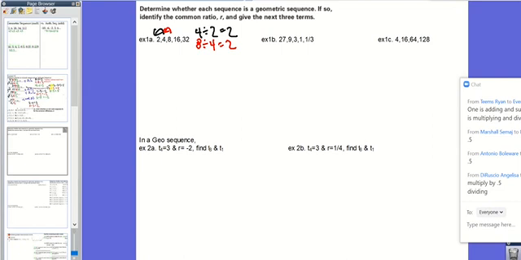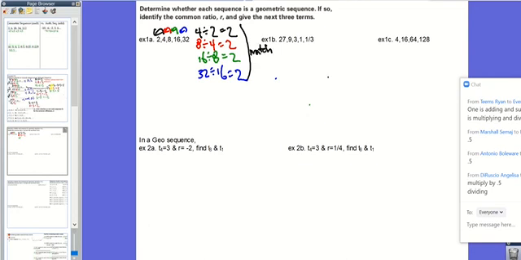And green is 16 divided by 8 equals 2. And you can go one more, just to make quadruple sure: 32 divided by 16 equals 2. And all these 2's match.